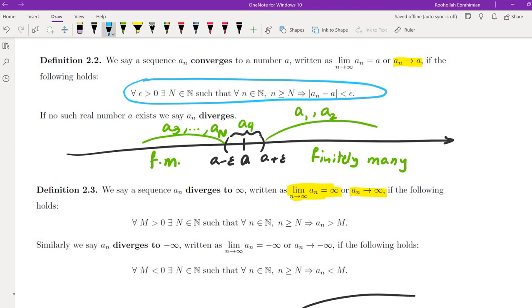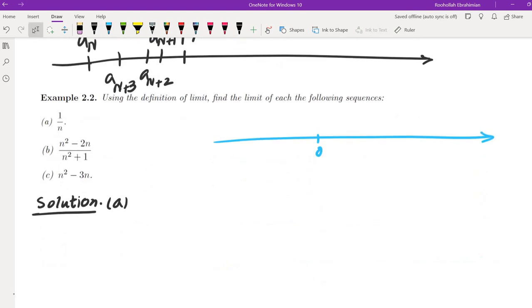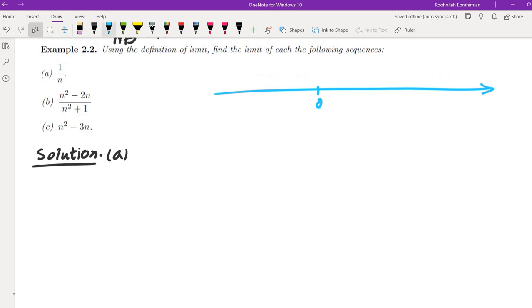So I would have to start with an arbitrary epsilon. This is the first step: let epsilon be positive. That's the first step of every proof of showing, using the definition, that the limit of a sequence is a particular number. So we start with: let epsilon be positive.